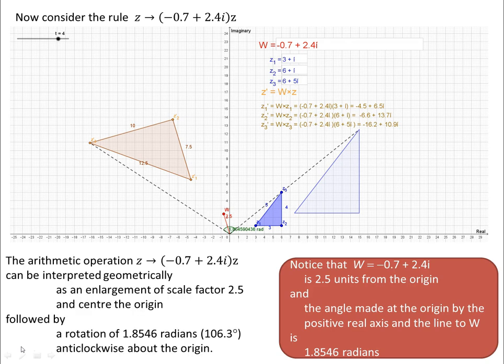So the arithmetic operation Z goes to minus 0.7 plus 2.4i times Z can be interpreted as an enlargement to scale factor 2.5 and centre the origin, followed by a rotation of 1.854 radians anticlockwise around the origin.